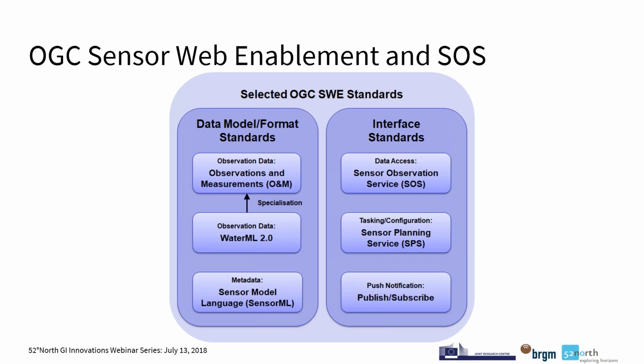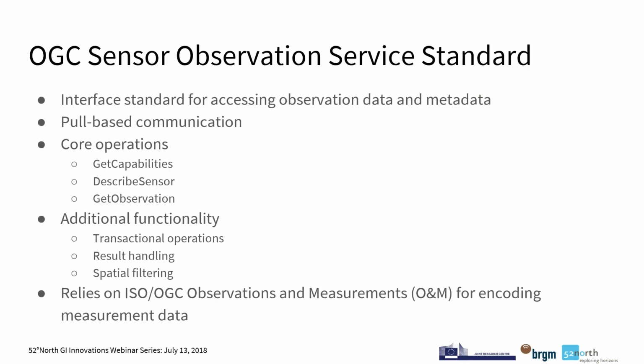So you see there's a quite comprehensive framework for integrating sensors into web-based infrastructures, but what you should remember is that there's observations and measurements as a common data format, and the OGC Sensor Observation Service as a common data access interface. So let's have a closer look at the OGC Sensor Observation Service standard.